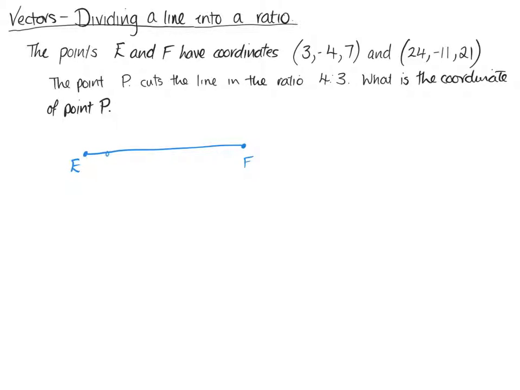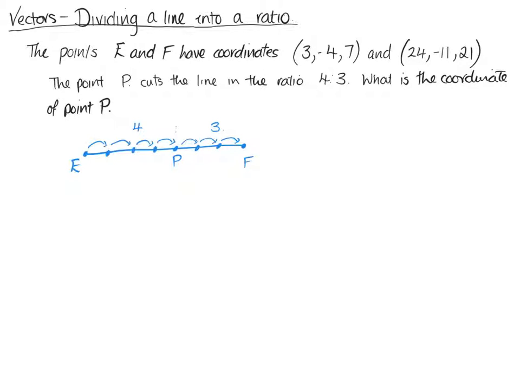So we've got 1, 2, 3, 4, 5, 6, 7. Okay, so we go 1, 2, 3, 4, and that gives us our point P. That's 4, and then we've got 1, 2, 3, so we definitely have that 4 to 3.